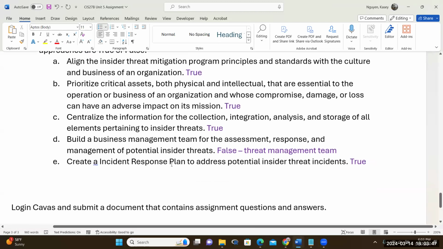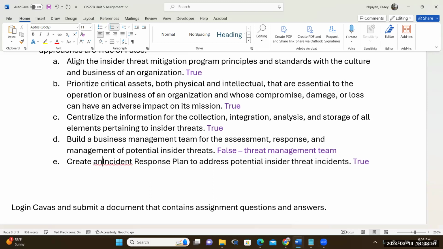And then lastly, create an incident response plan to address potential insider threat incidents. That's true. In the incident response plan, you would put together the IRP, having the components with the team: who's going to be on the team, and what kind of procedures you have. A plan would entail how you would approach certain situations, be specific, right?